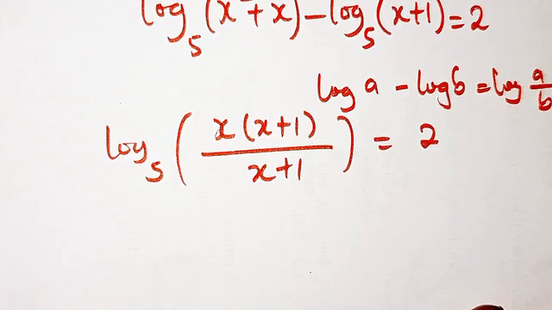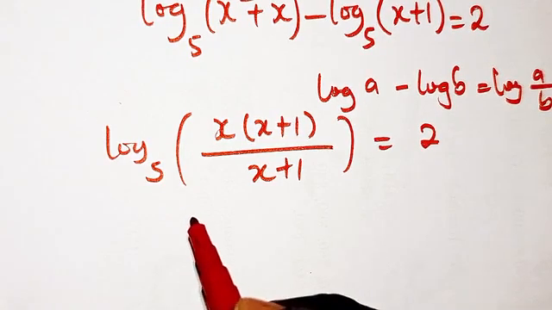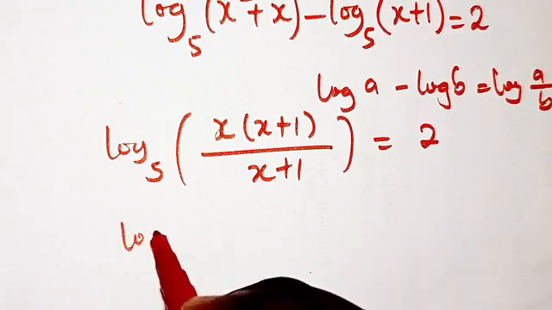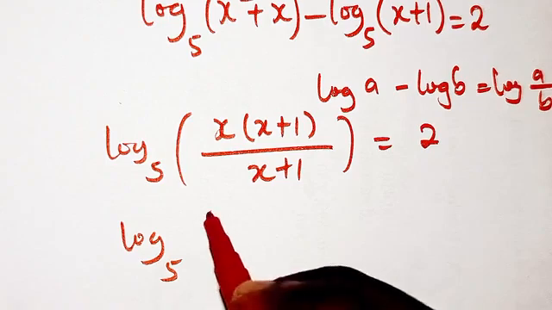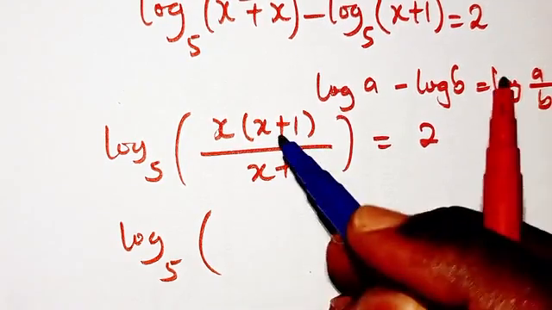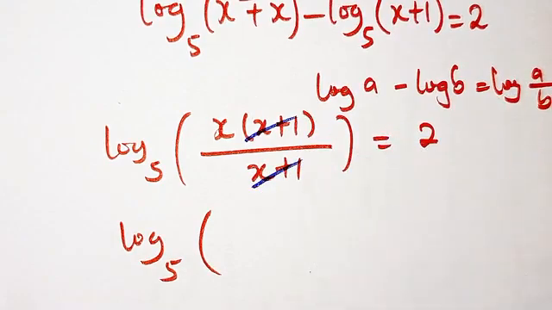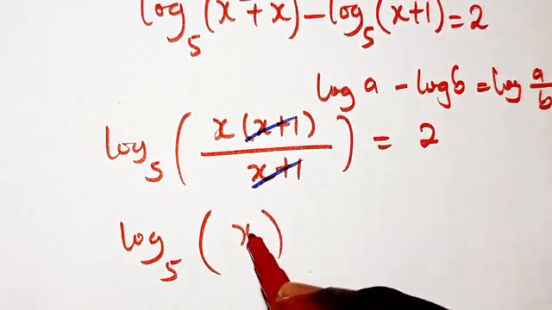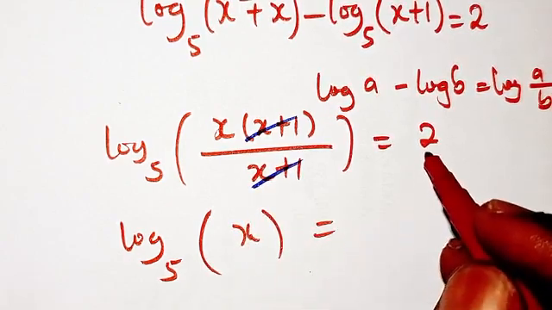From here, the next thing I'm going to do is rewrite this as log base 5, and cancel this x plus 1 because they are the same. So I'm going to have x equals, I have what?